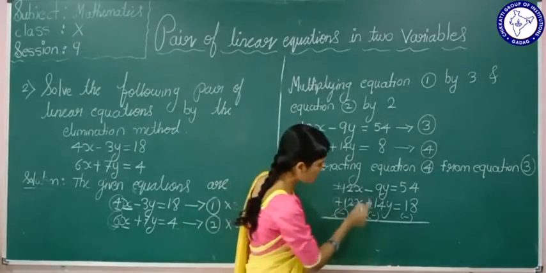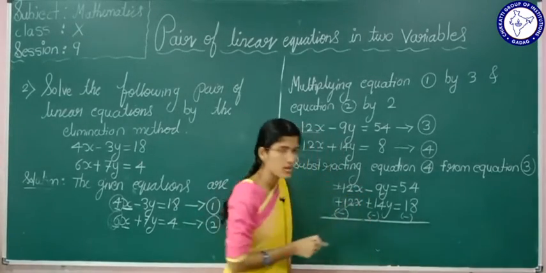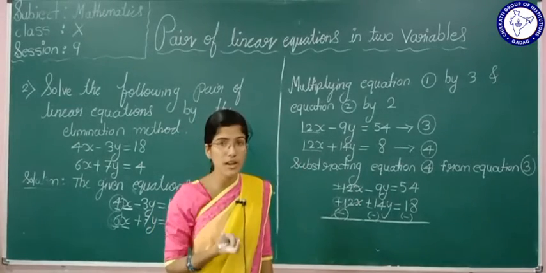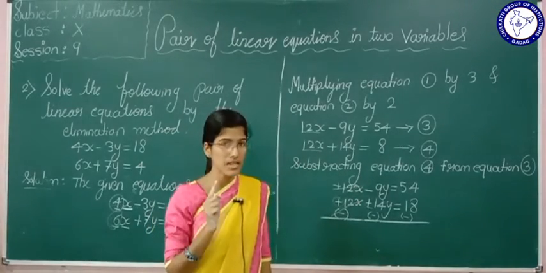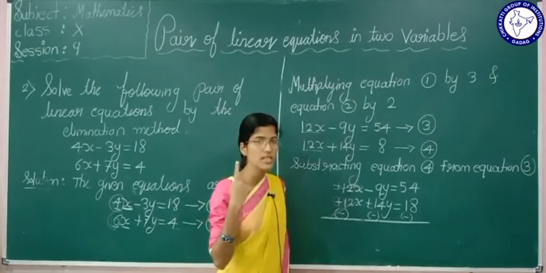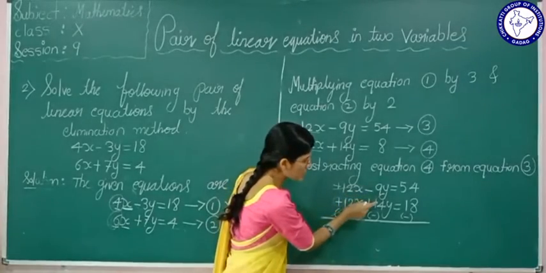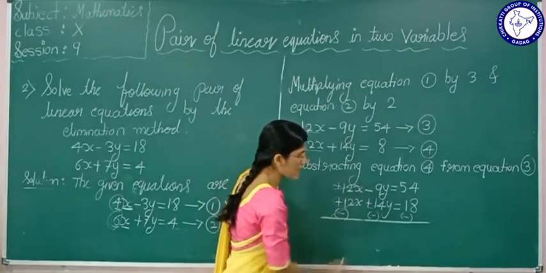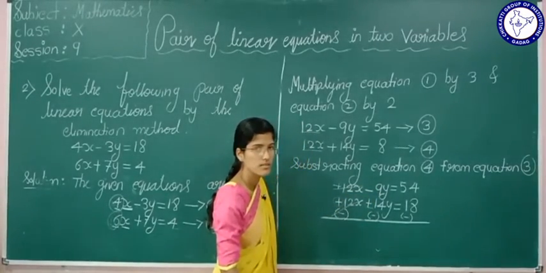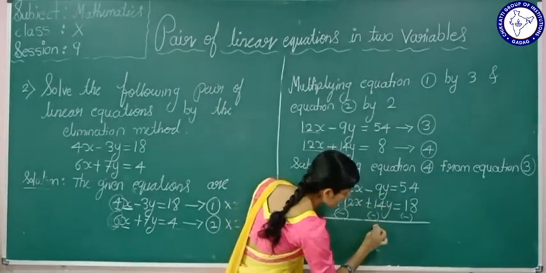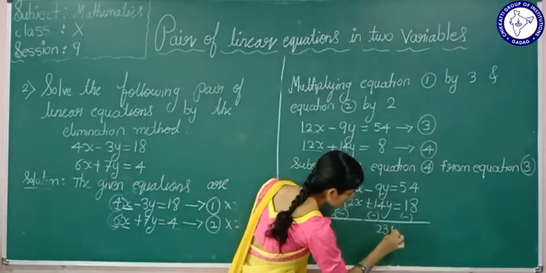Now see, minus 9y minus 14y, minus is plus, I have to do the addition. What is the addition of 14 plus 9? It will be 23.